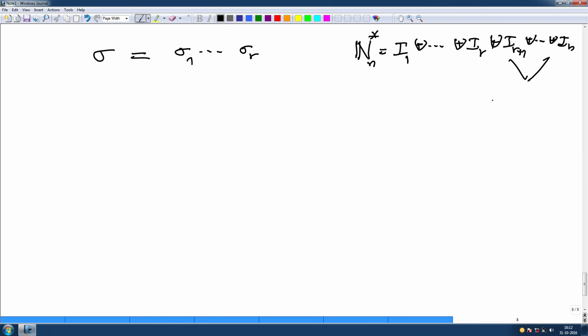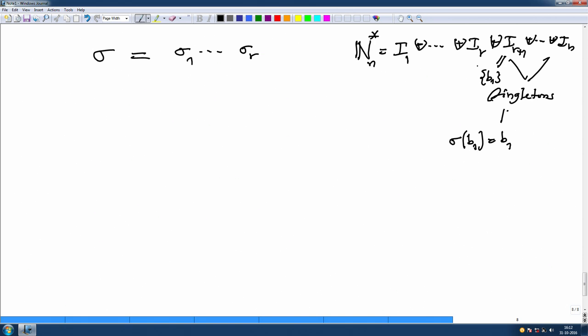Singleton means that when I apply sigma, for example, if I call this element B1, then sigma of B1 has to be B1, because that is the equivalence class of B1. Similarly, all these guys are fixed under sigma. And these are the only elements of the equivalence class.